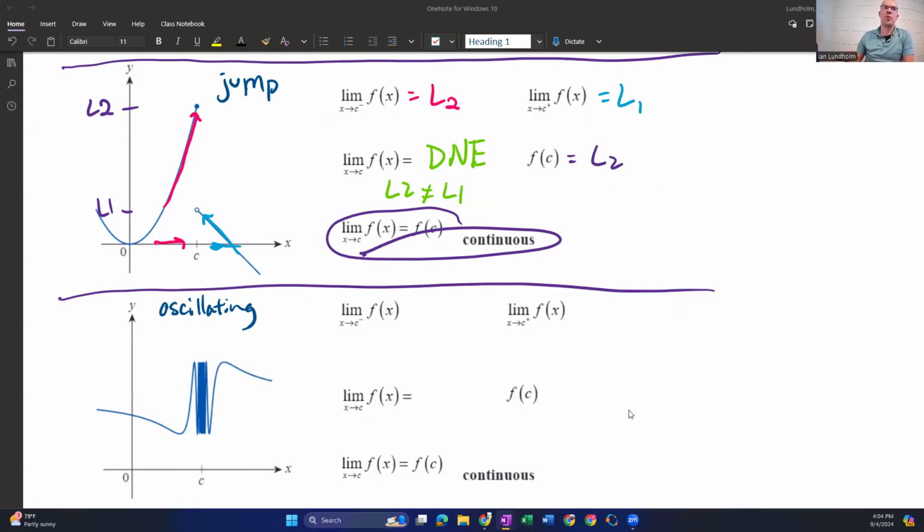From the left, we're going to start approaching in our x values. We're going to go up and down, up and down, up and down, and we're never going to settle down. This limit from the left won't exist because it never settles down. Same thing from the right. The limit won't exist because we'll keep bouncing up and down.